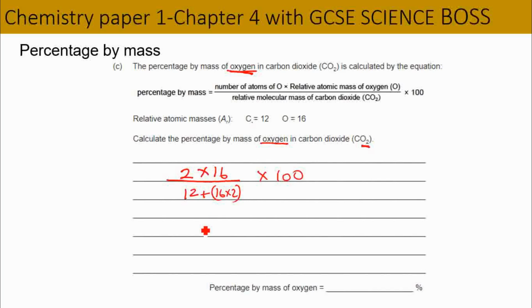So 2 times 16 is 32, over 44. We're going to times that by 100, and that should give you an answer of 72.7%. So your answer is 72.7%. If you got that right, well done.